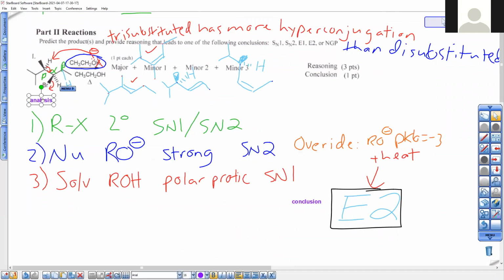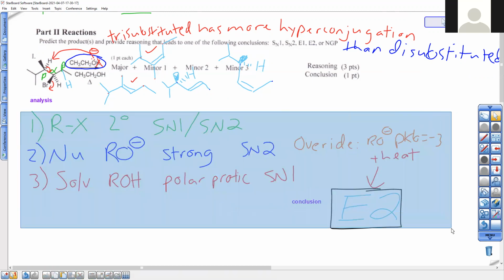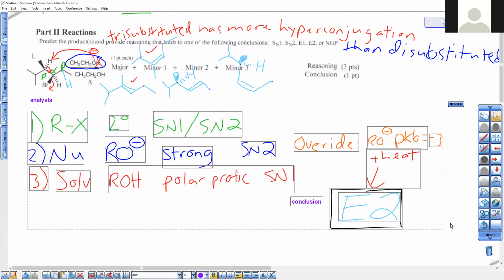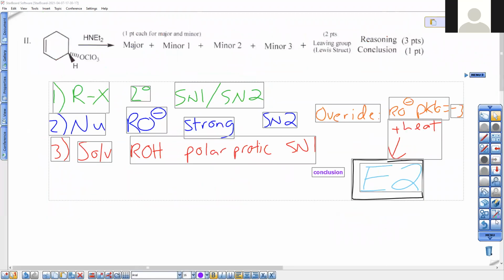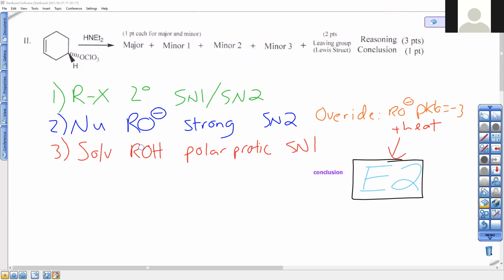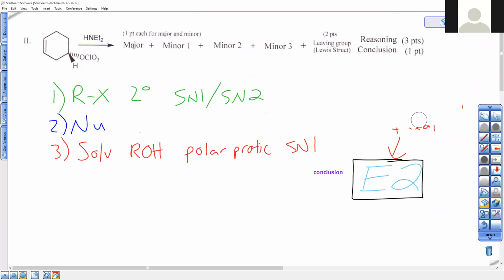Our analysis. I don't know. They're supposed to be the same all the time. Analysis and conclusion. No, it's not going to let me do that. Don't know if it'll save any time. Can't hurt though. And looks like the secondary is going to be the same. Nucleophile is not RO minus. So we're going to have to change category, possible conclusion. And I don't think the override's going to be a thing going on here.